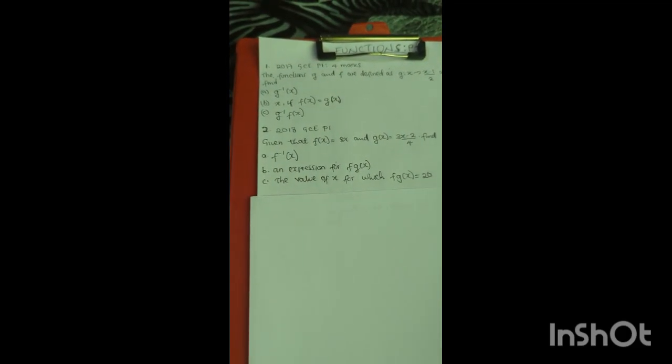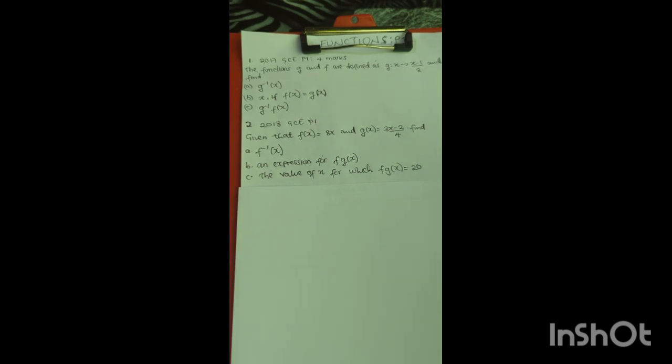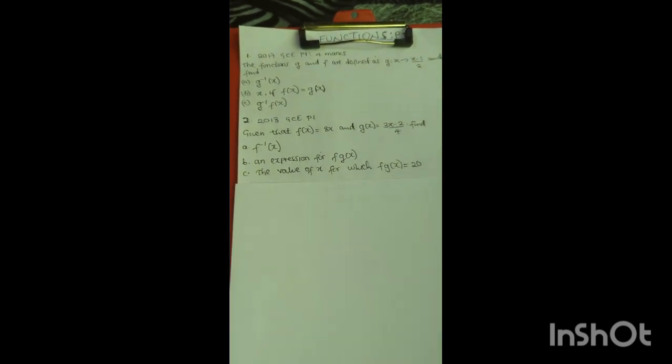Okay, so we continue with our functions. We're going to go to question 2, which is coming from 2018 GCE paper 1. Just a tip for studying. Let's say if I say you go through at least 10 past papers or 7 past papers for a particular topic, you're supposed to answer questions from both GCE and internal.